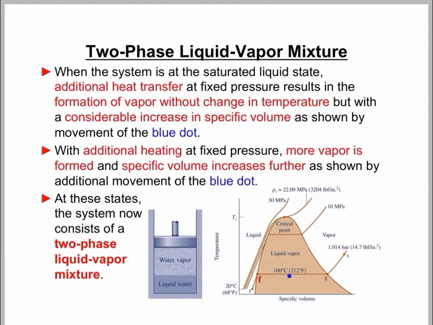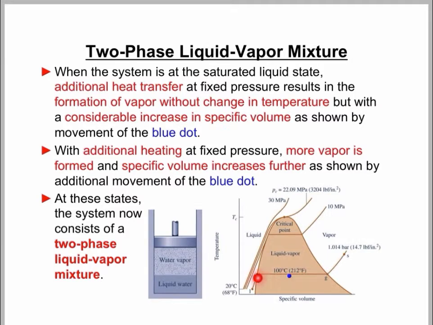Any time that you are under the dome, you will have a two-phase liquid-vapor mixture. Once again, this line here is a constant pressure, but you can see that at 100 degrees at atmospheric pressure, you can be pure water, 50% water and vapor, or 100% vapor.